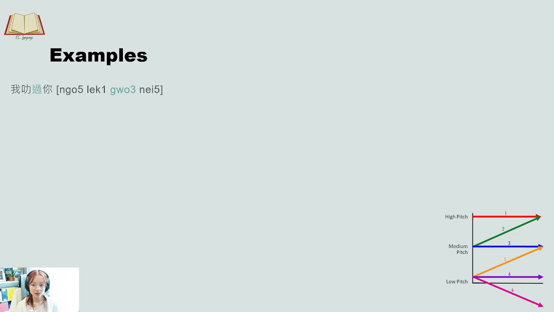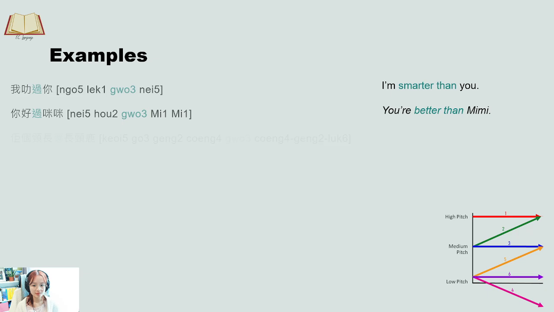我叻過你. I'm smarter than you. 你好過咪咪. You're better than Mimi. 佢個頸長過長頸鹿.